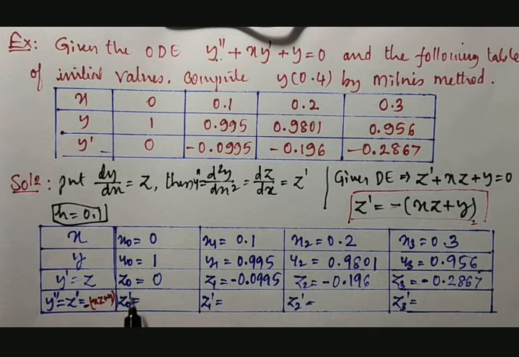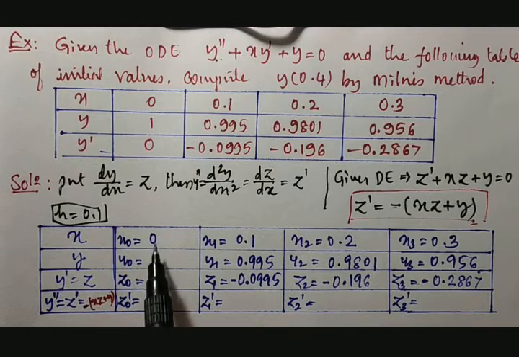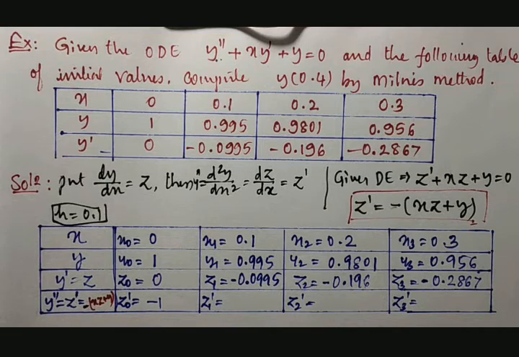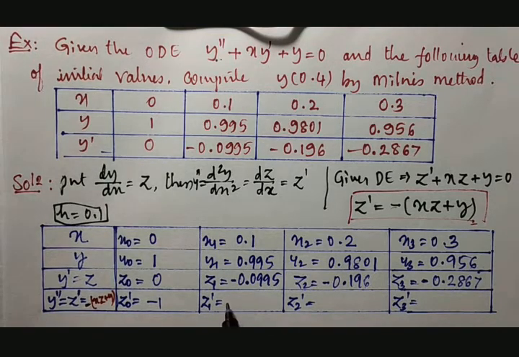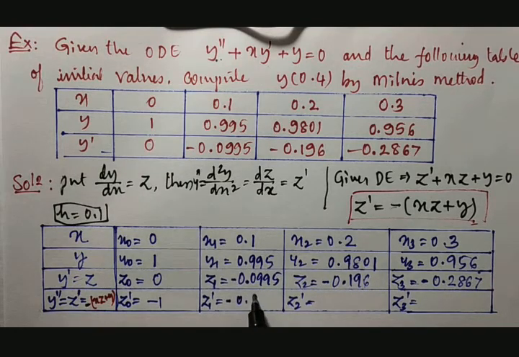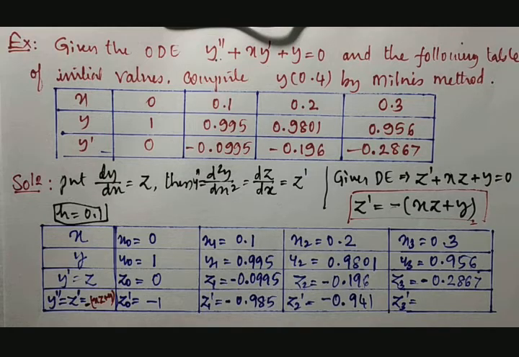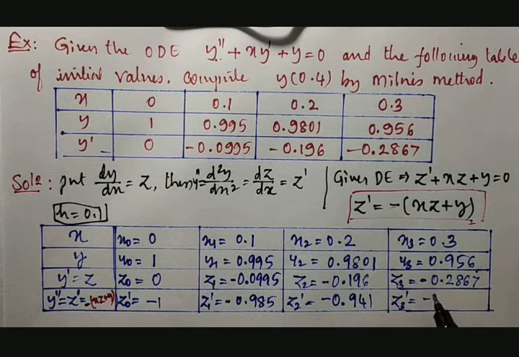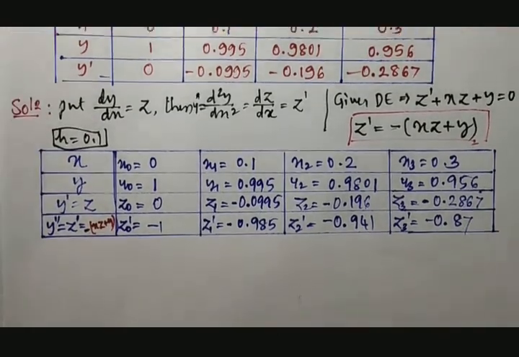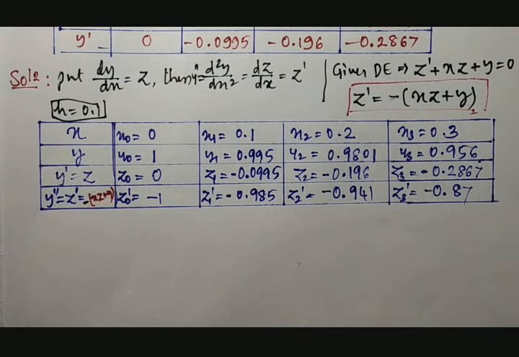So what is z0 dash now? x into z, 0 into 0 is 0, plus 1 into minus, so minus 1. Like this, if you calculate, then z1 dash is minus 0.985, then minus 0.941, then minus 0.87. Clear?